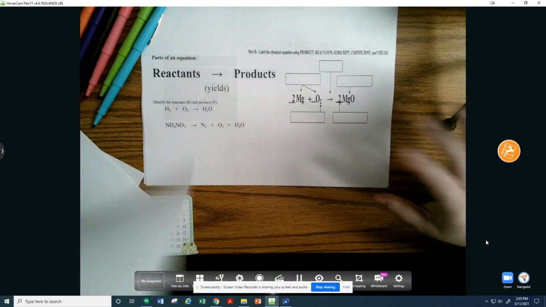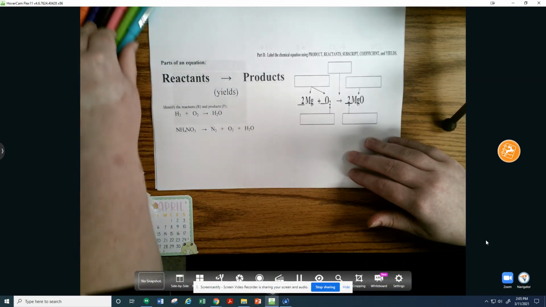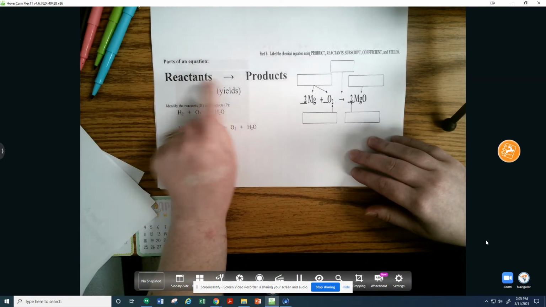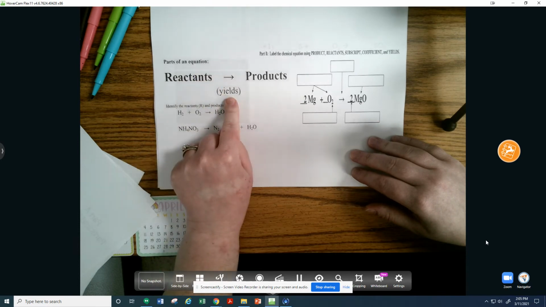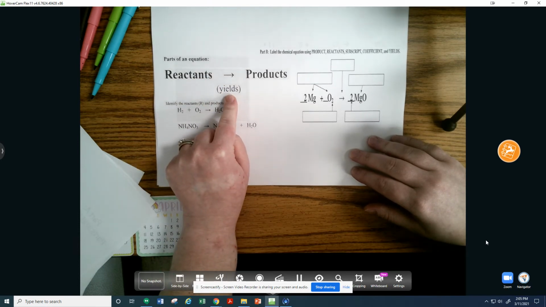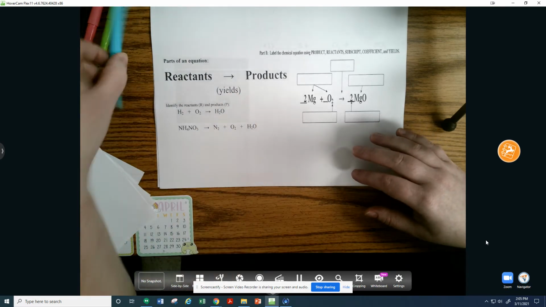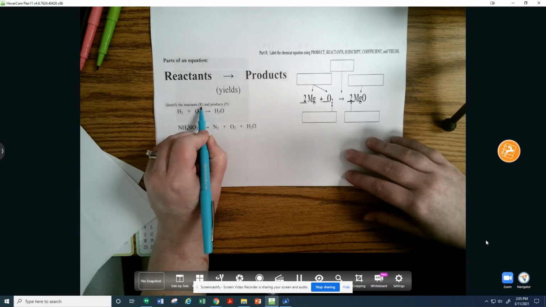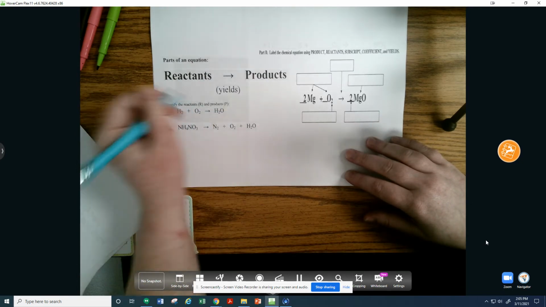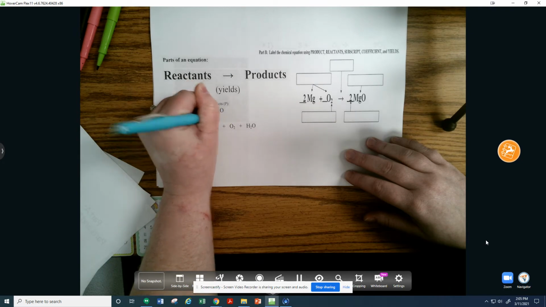And so, like I said, the general equation for a reaction shows that reactants are on the left of this arrow. And like I said, one way that you can translate or interpret an arrow is yields. And anything to the right of the arrow is a product. So here, we can identify the reactants as R or products as P. So the first thing is you find your yield sign.